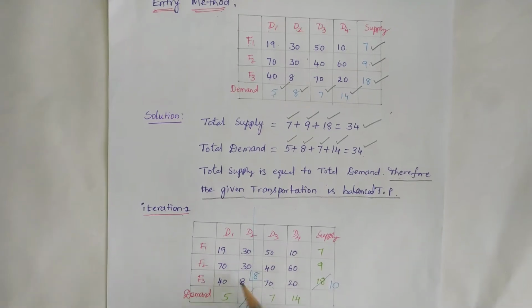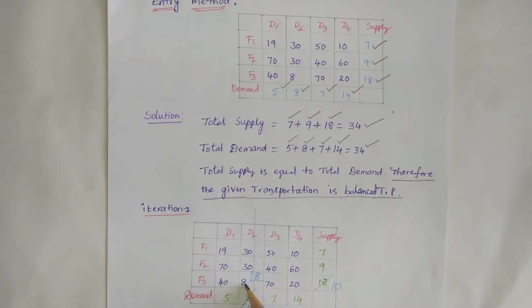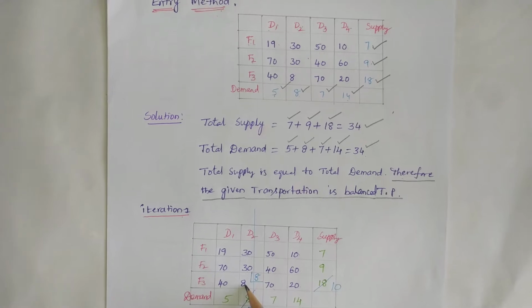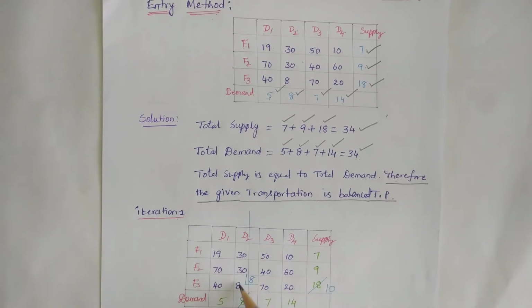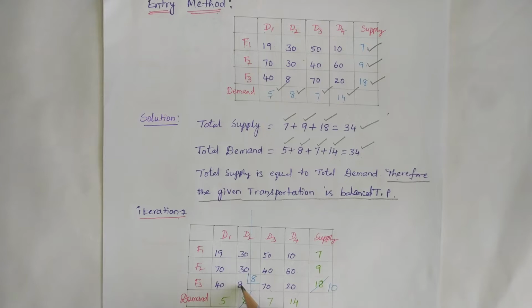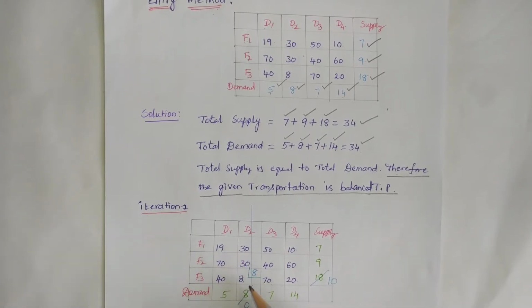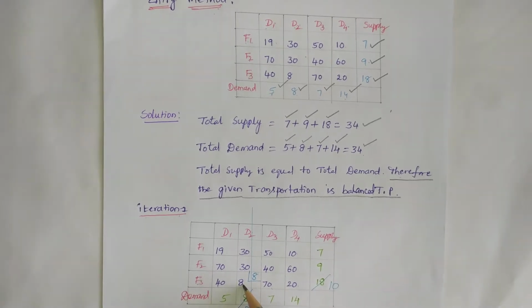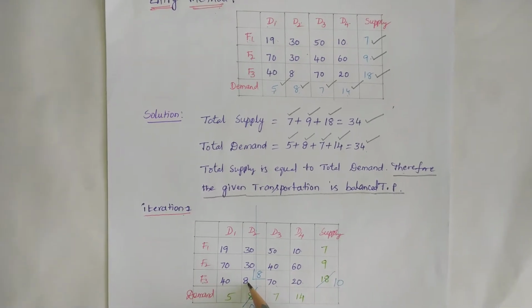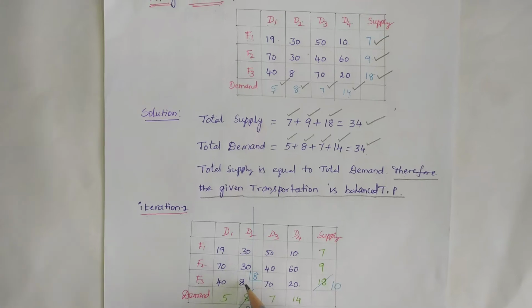Among all the cells, 8 is the least cost. That is, the F3 D2 cell is the least cost, because among all the values, 8 is the least value. So that's why we identify this least cost cell.